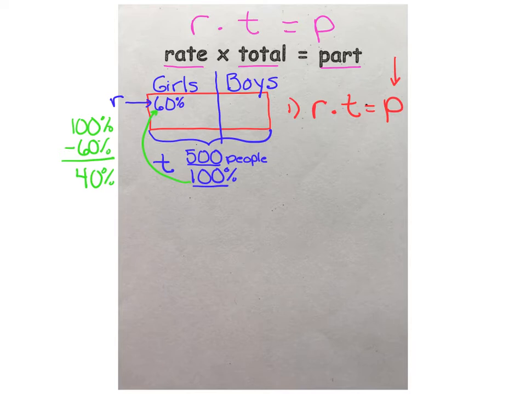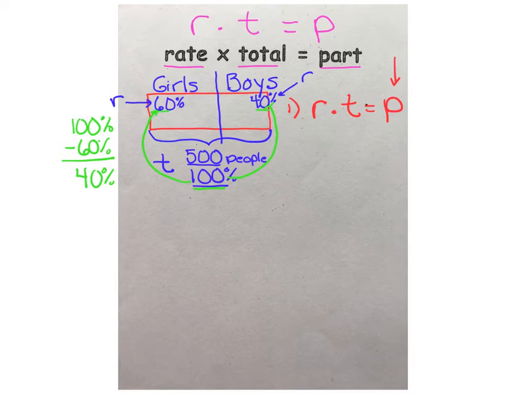So over here, the rate we're going to use for the boys is 40%. That's the rate for that part of the bar. So keep in mind, 60 plus 40 equals 100 total. Those two pieces, of course, add up to the percent total.